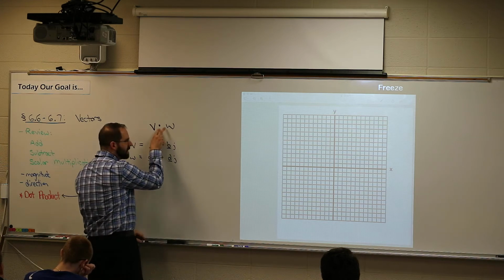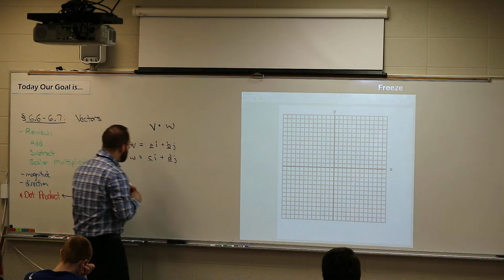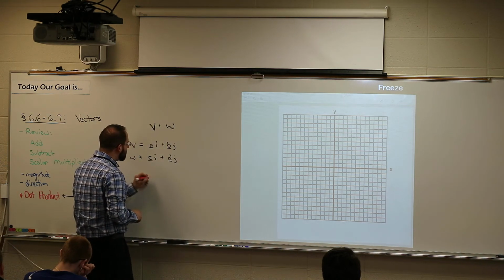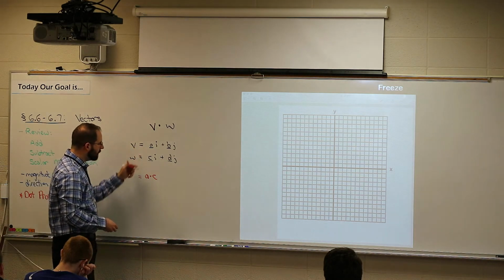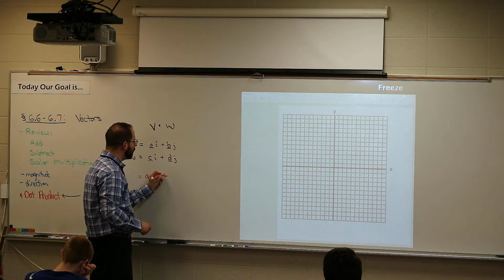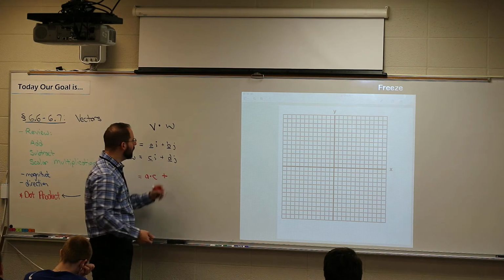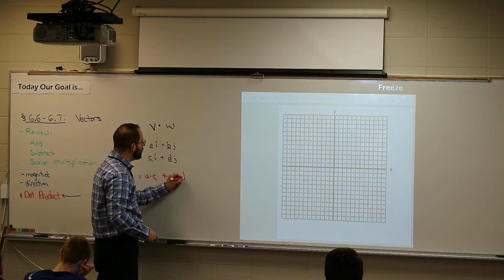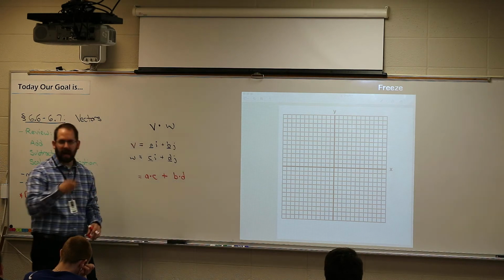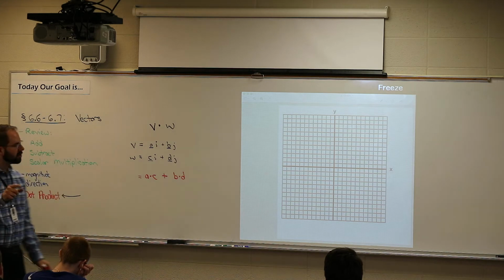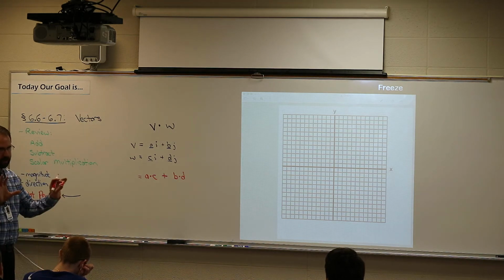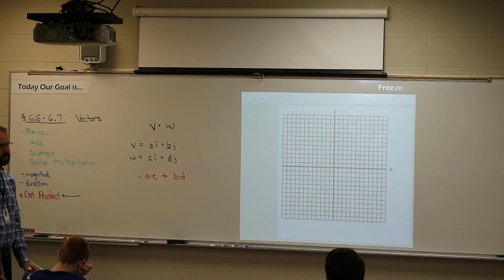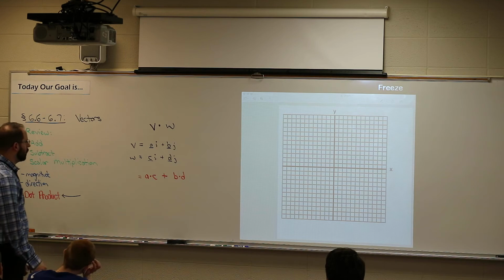So how you find the dot product, like this thing right here, you actually take the a times c. So it kind of looks like you're multiplying, right? And that's what you're doing, right? You're taking a times c. But then you add, which I know is weird, you add b times d. So you're going to multiply the i components. You're going to multiply the j components. And whatever that number is, for both of those, you add those results together. That's how you find dot product. That's all it is. That's dot product.